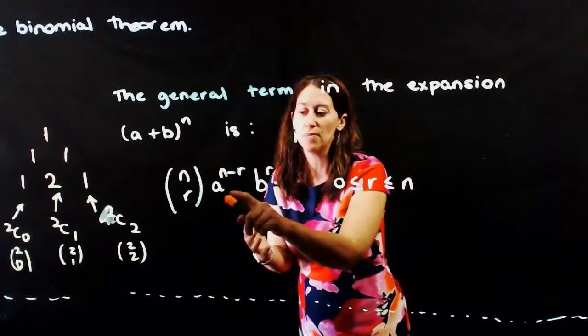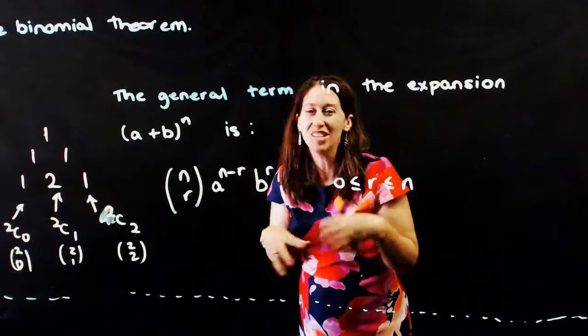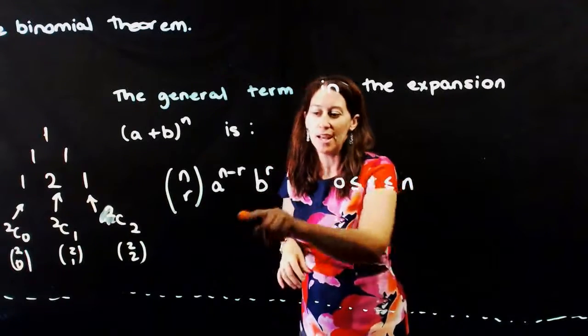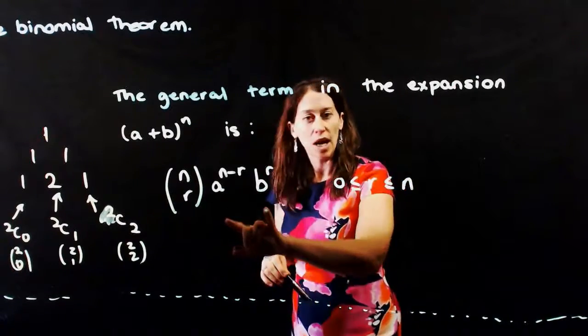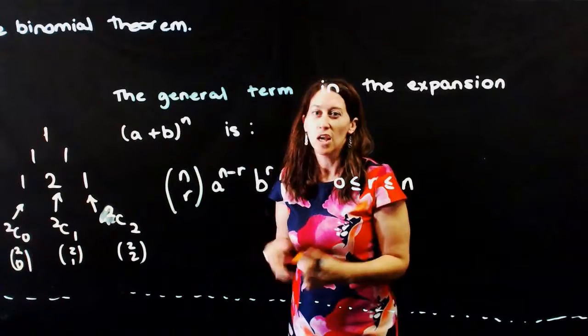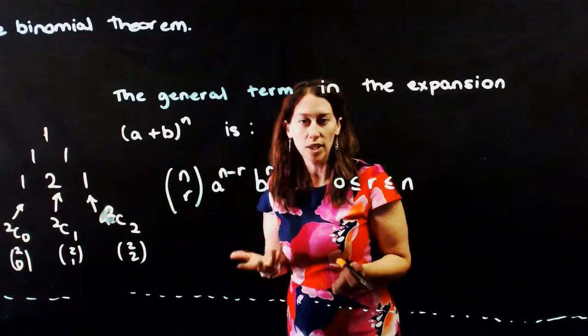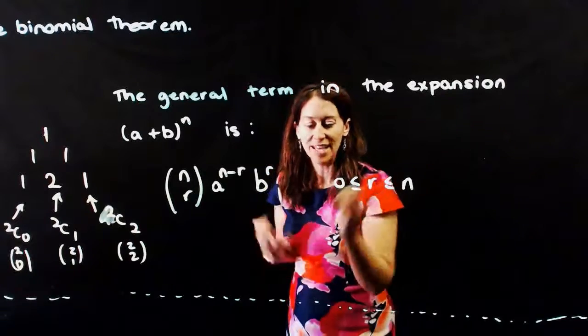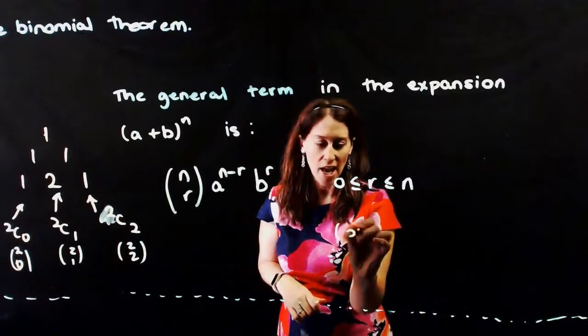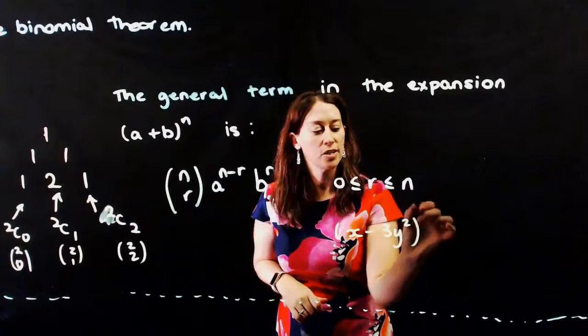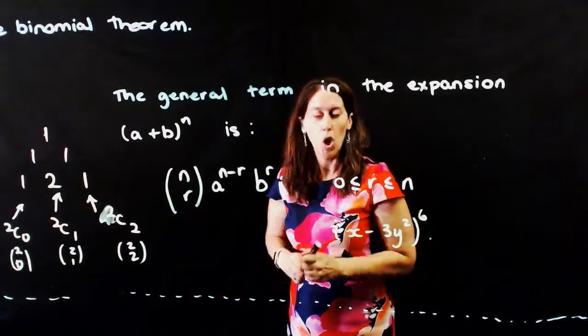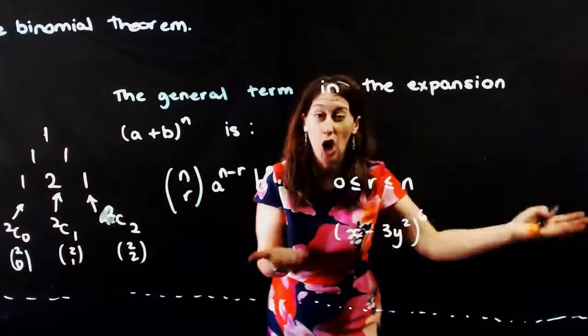If it's a constant term, there will be no variables within the expression, so you really have to think deeply about this. In class, I'll show you how to use this formula to find coefficients of x cubed y to the power 6 or something like that in a particular expansion, such as (x minus 3y squared) to the power 6. So that means we don't have to expand the whole thing.